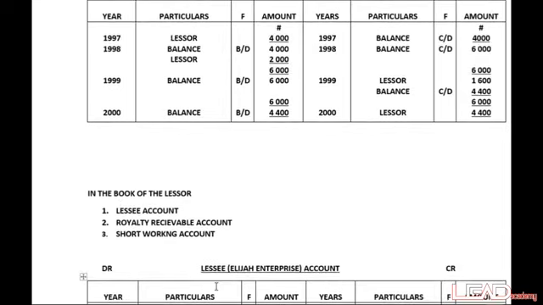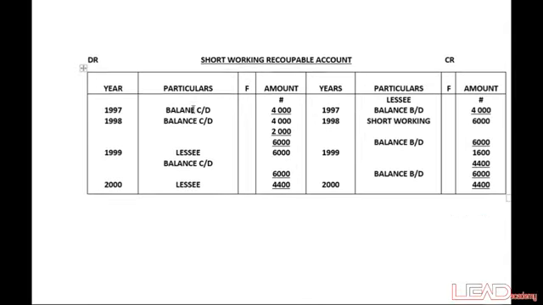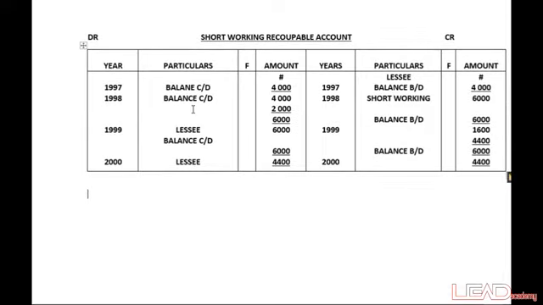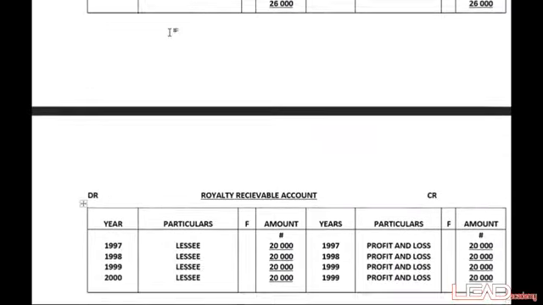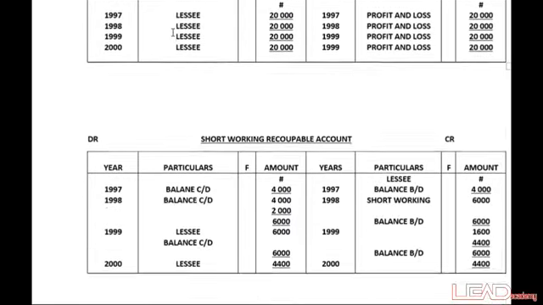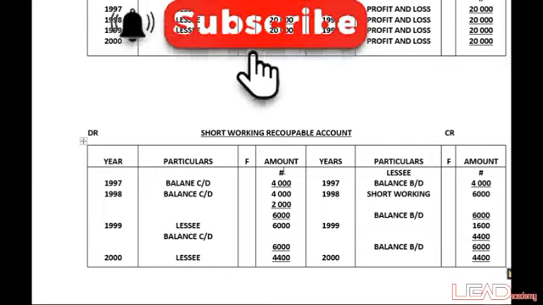And also note that the opposite of lessor is also lessee. So you can pause the video and do it. So we are done with it. So you can check and compare the short workings account and short workings recoupable account.